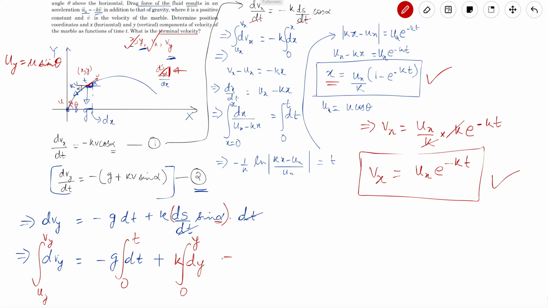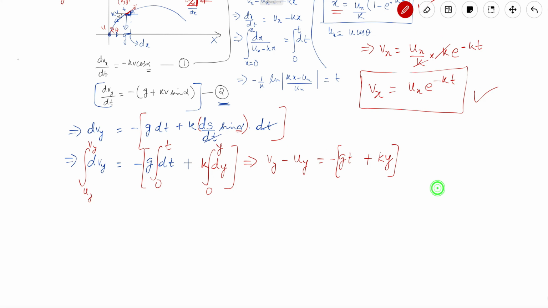So we will have this equation: vy minus uy is equal to negative gt plus ky. So negative is also out of the bracket. So now how will we solve this for y? Look at this.